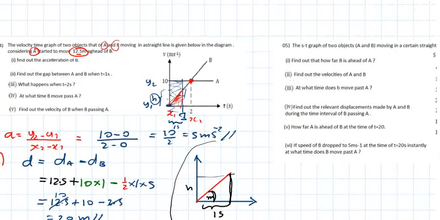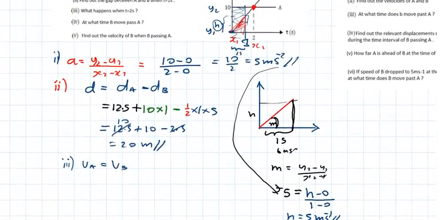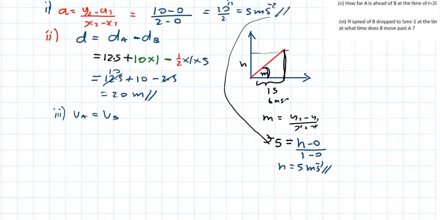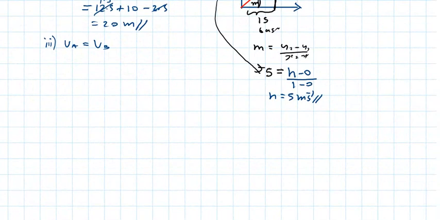At what time does B move past A? The areas of A and B should become equal. We don't know where that happens, so let's draw it. I will draw the areas with 2 different colors. For this one, it is going to be the red line.